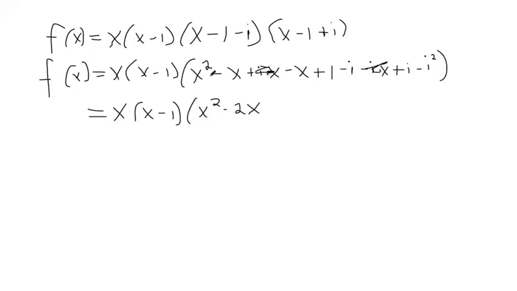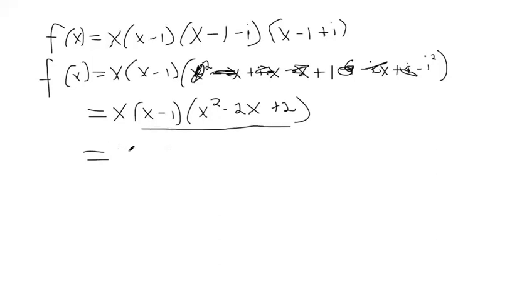Those can cancel out. And I'm just going to scratch out what I've already taken care of. I've got -i plus i. That makes 0. And then this is i squared, so -1. This is a -1. So that means a +1. So you've got 1 plus 1. That makes 2. Okay, a lot simpler though, right?